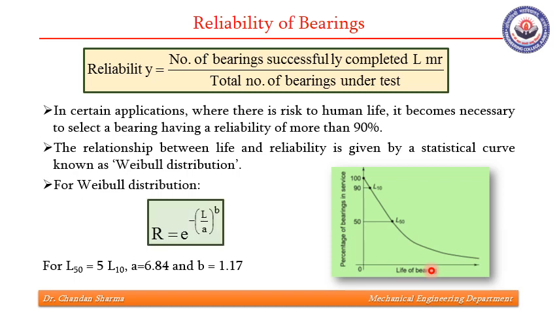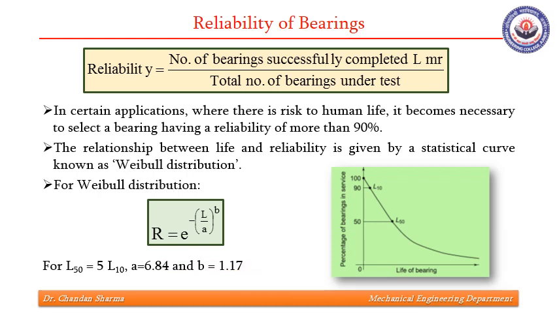For Weibull distribution, this relation holds true. Reliability is given by R equals e raised to power minus (L by a) raised to power b. A and b are constants. L is life of bearing, R is reliability. Assuming L50 average life equals 5 times L10 life, we can easily find A and B. So A for this condition is 6.84 and B is 1.17.